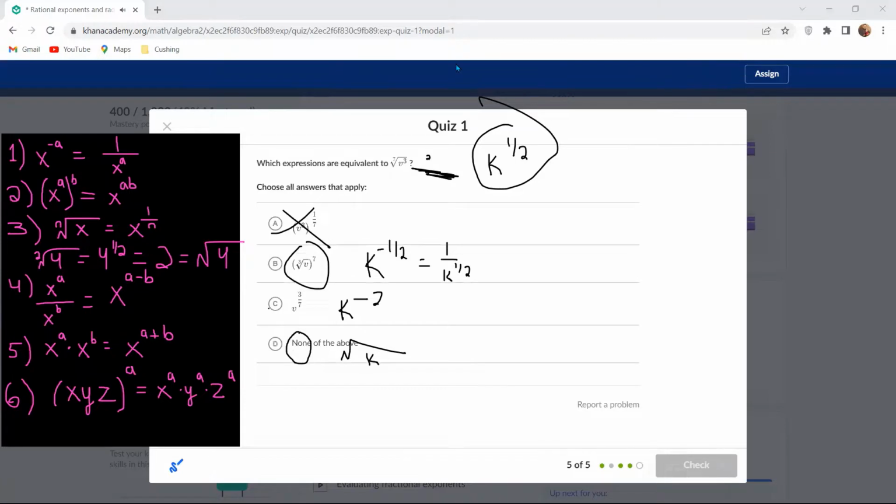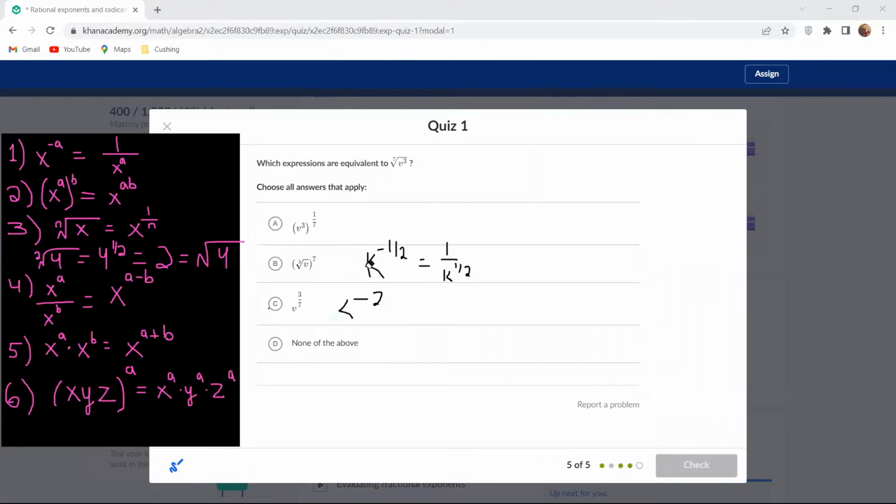All right, and last one. So let's erase. All right, so this one says which expressions are equivalent to the 7th root of v to the 3rd, the 7th root of v to the 3rd. So if we have anything to the 7th root, that is raising it to the 1/7 power. So we had v to the 3rd, and we're now raising that to the 1/7 power.